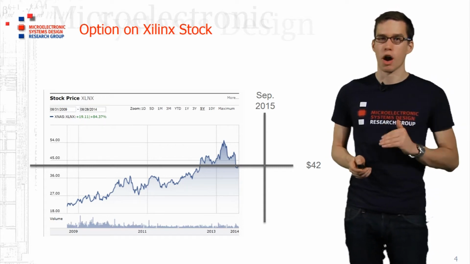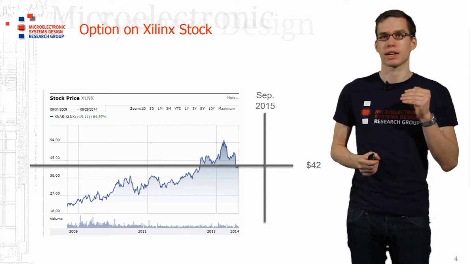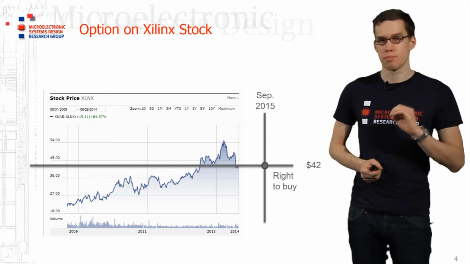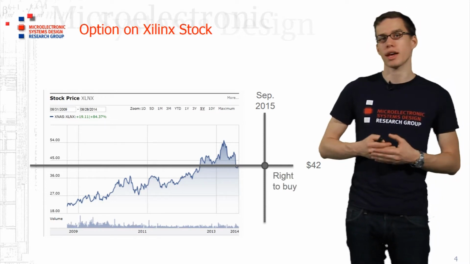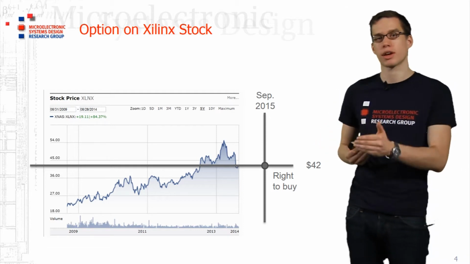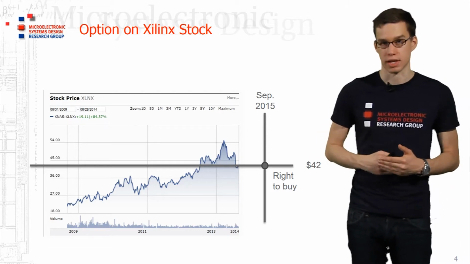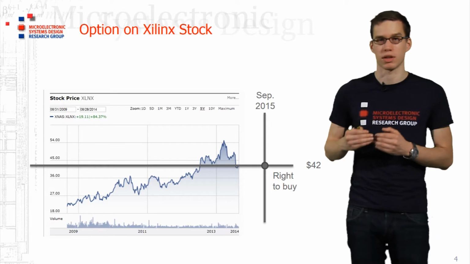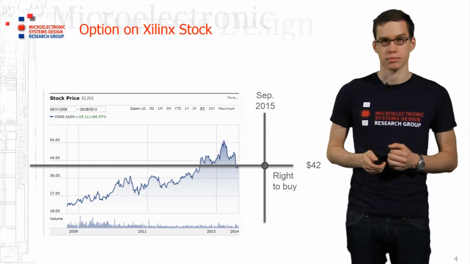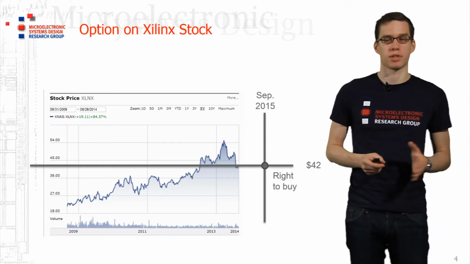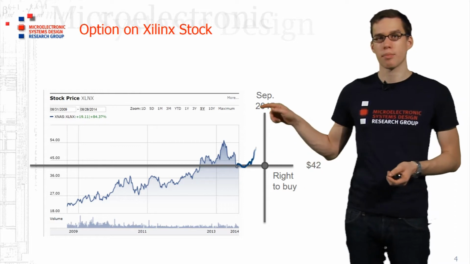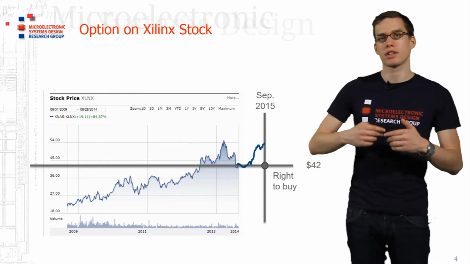And with the option, we can claim a right to buy. So we can buy the stock index for the same price as it is today, also for $42, in 1 year. And now two things can happen. Either the stock price goes up, and then we can do a trading.